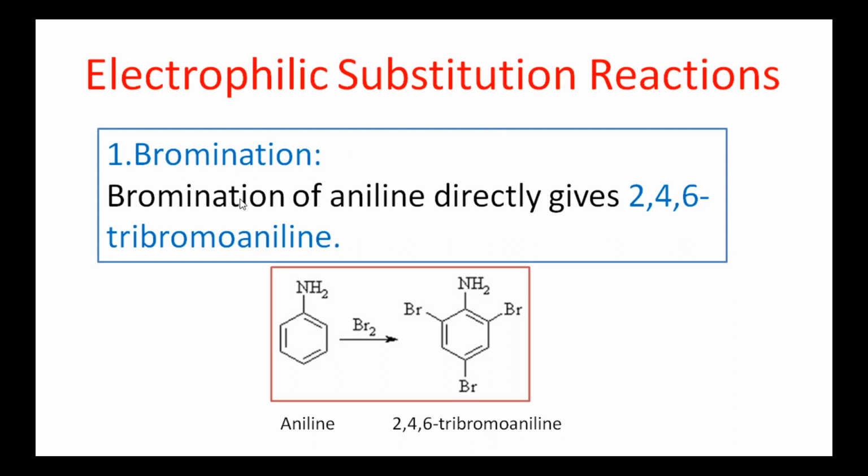Bromination means substitution of a hydrogen atom of the benzene ring with the halogen atom. Direct bromination of aniline with bromine gives 2,4,6-tribromoaniline.